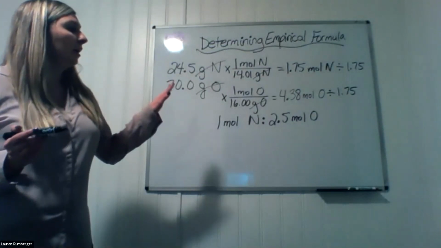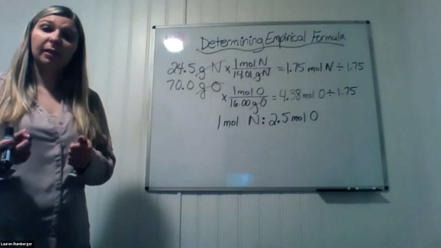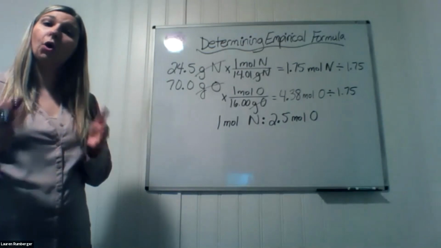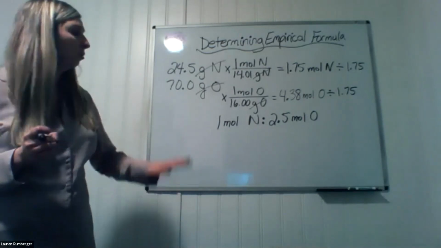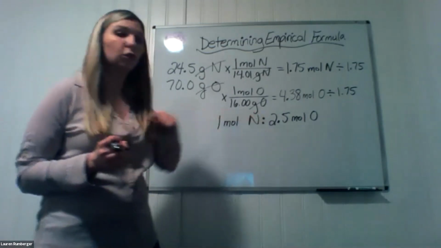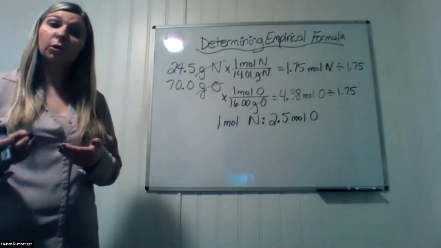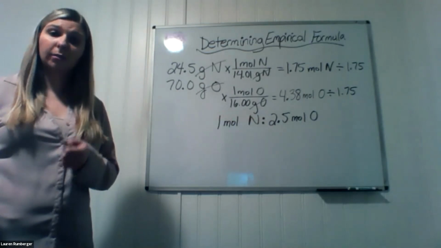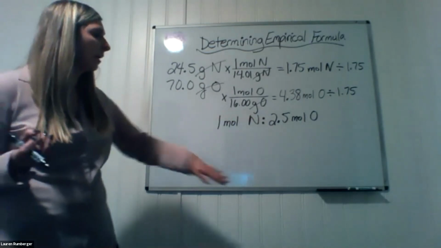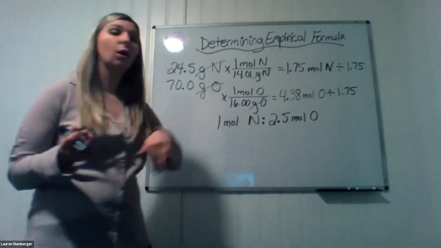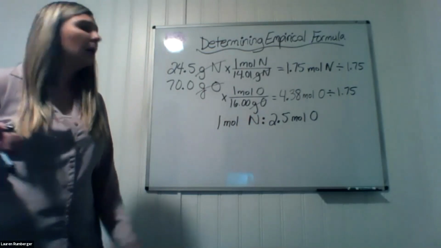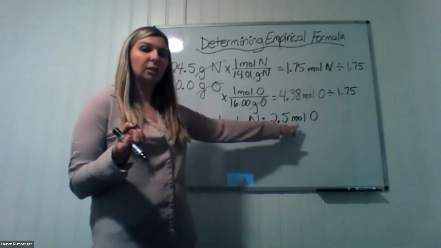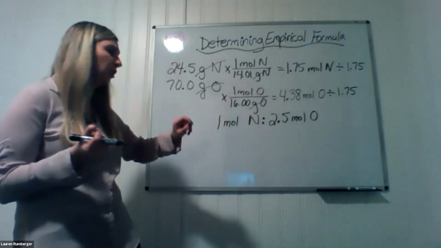Now, in order to write a chemical formula, the chemical formula must be a whole number ratio. We can't have decimals. So in order to make a decimal into a whole number, we need to multiply it by a particular factor. So to make 2.5 a whole number, we can multiply it by a factor of 2. But what we do to oxygen, we must also do to nitrogen.